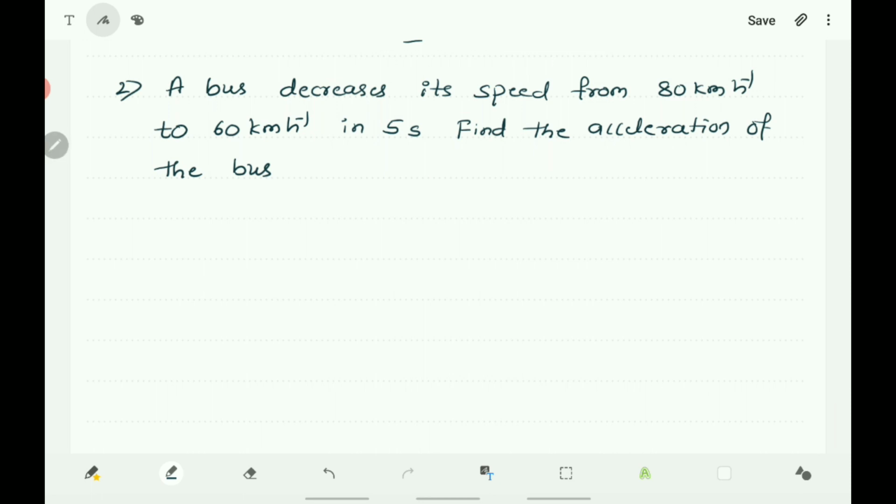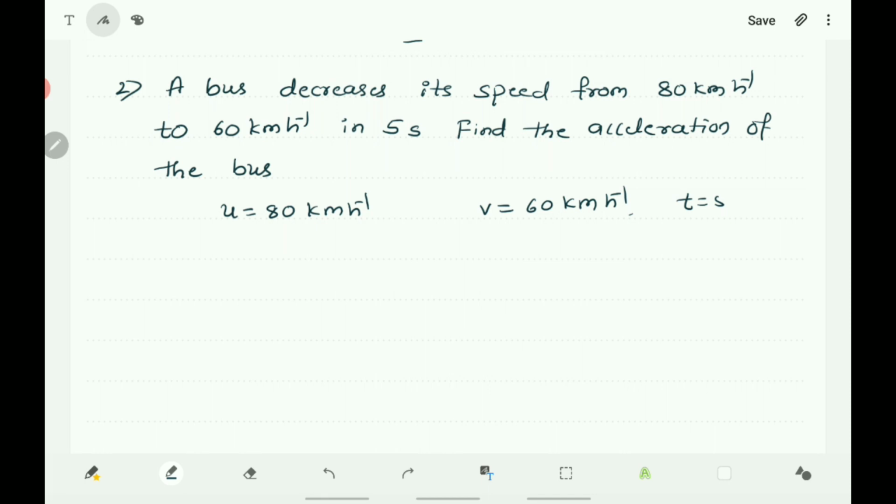So let us consider the initial velocity u equals 80 km per hour, v equals 60 km per hour, and time is 5 seconds.